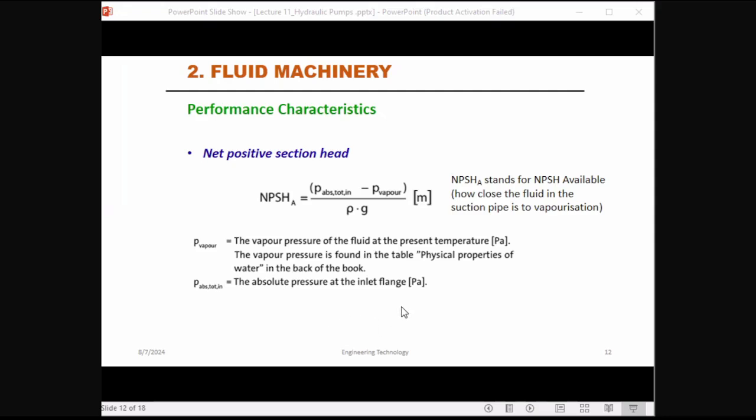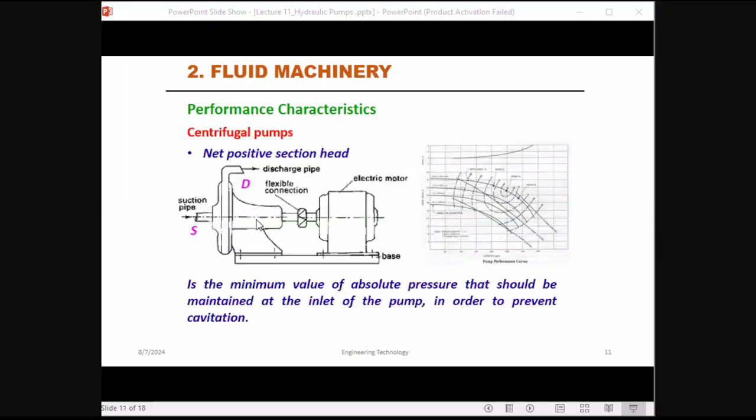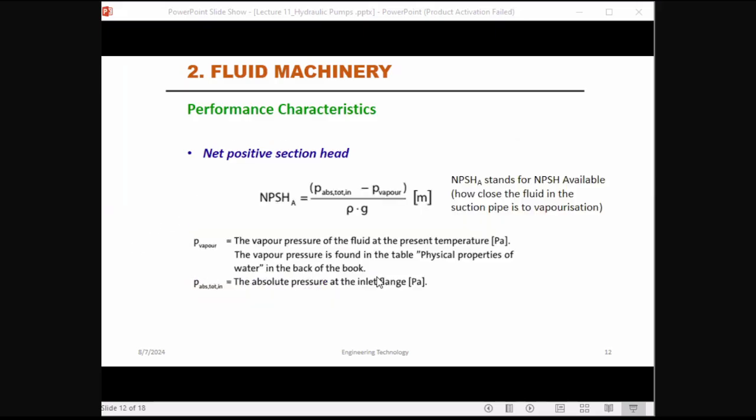It includes atmospheric pressure plus any additional pressure from the pump's suction system. Okay, this is the suction side. Then vapor pressure is the pressure at which the fluid will begin to vaporize at a given temperature.